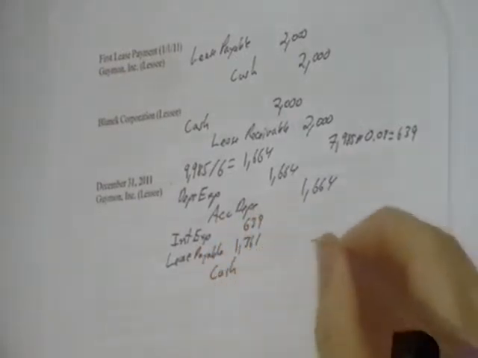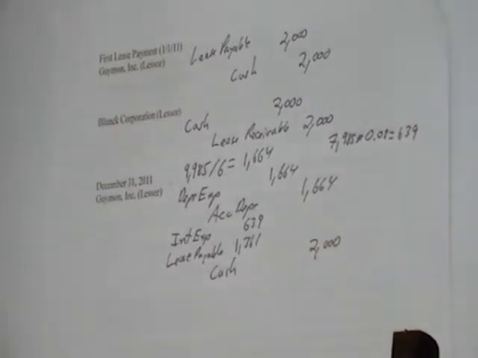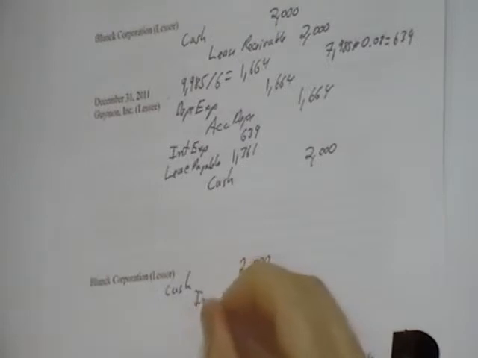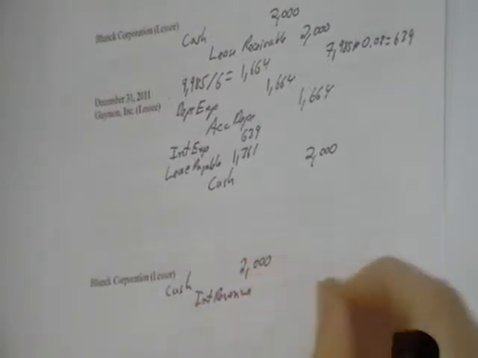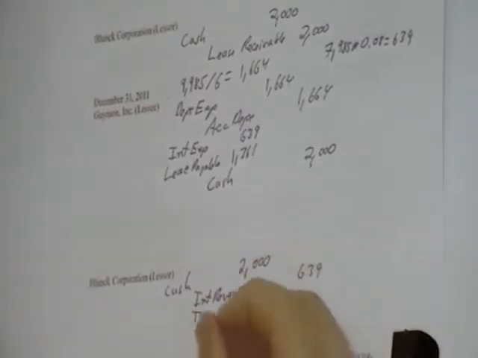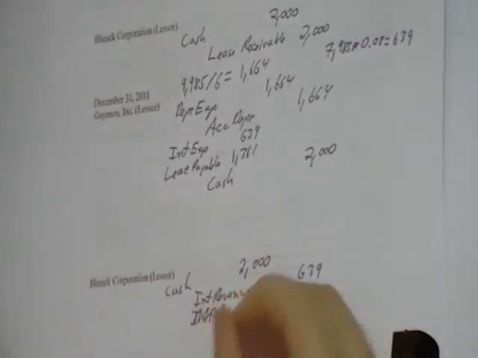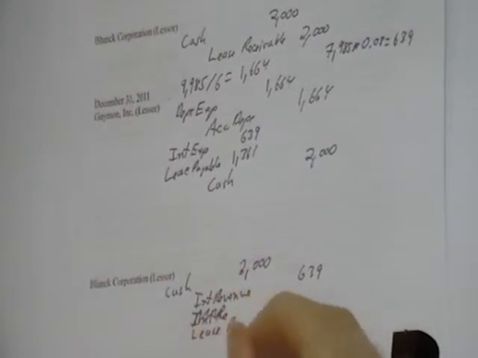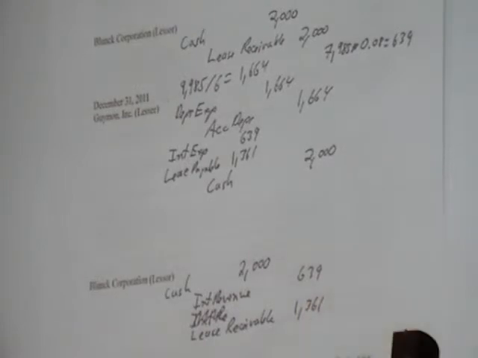We're going to credit cash $2,000. Similarly, for the lessor, they're going to debit cash $2,000. They're going to record interest revenue of 639, and they're going to reduce their lease receivable by 1,361.